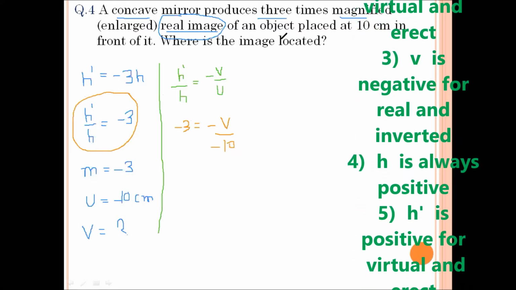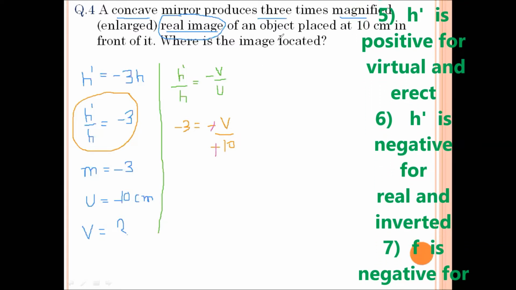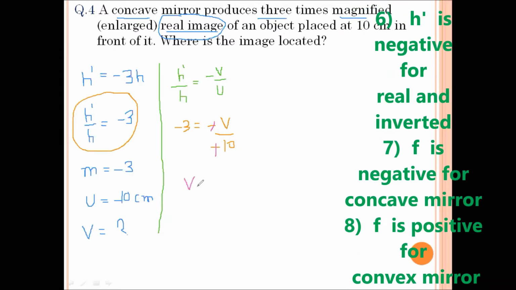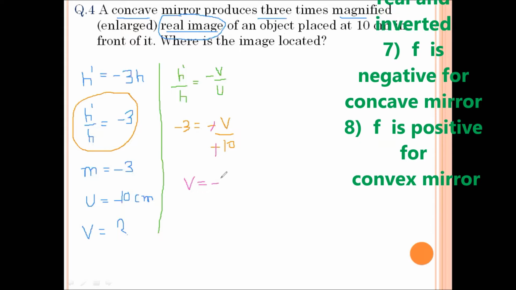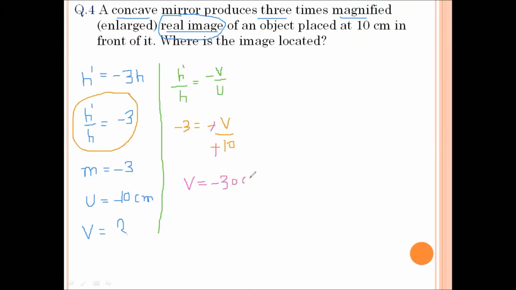So we can cancel this negative sign. So v comes out to be minus 30 centimeter. That denotes that the image formed is in front of the mirror at a distance of 30 centimeter. And the negative sign denotes here that the image formed is real and inverted.